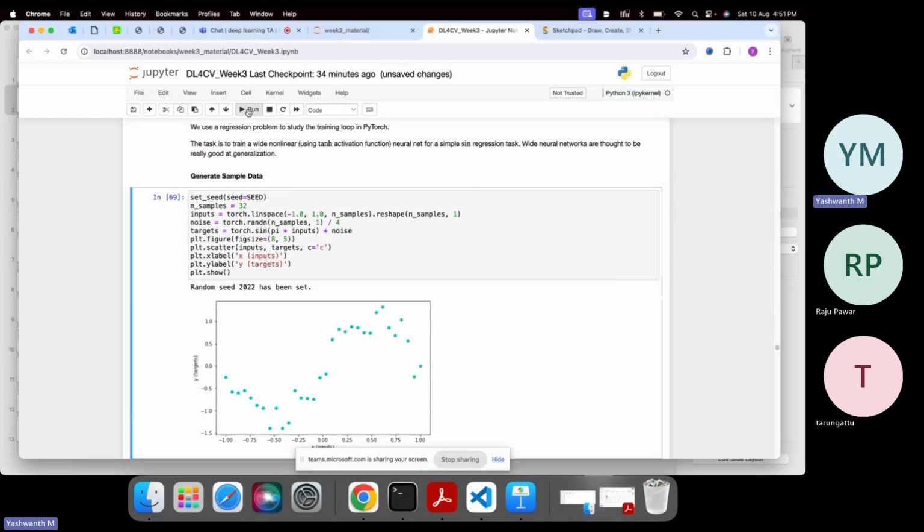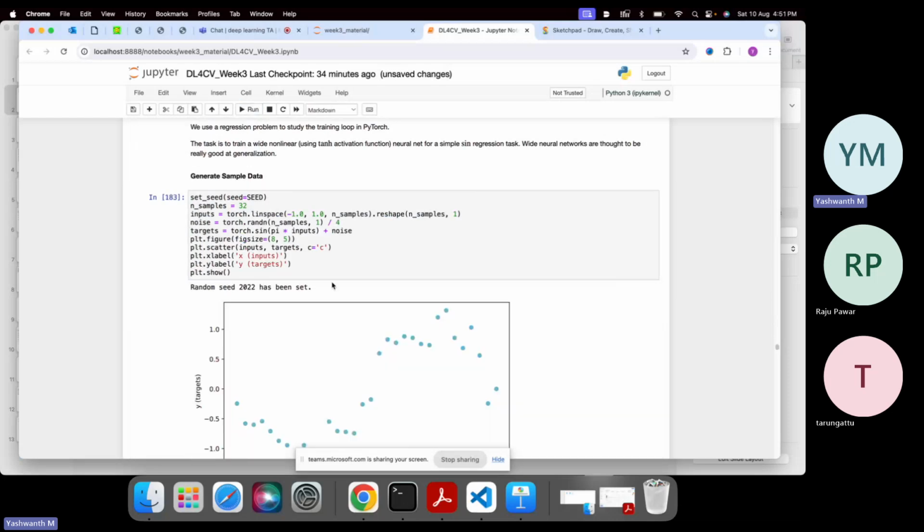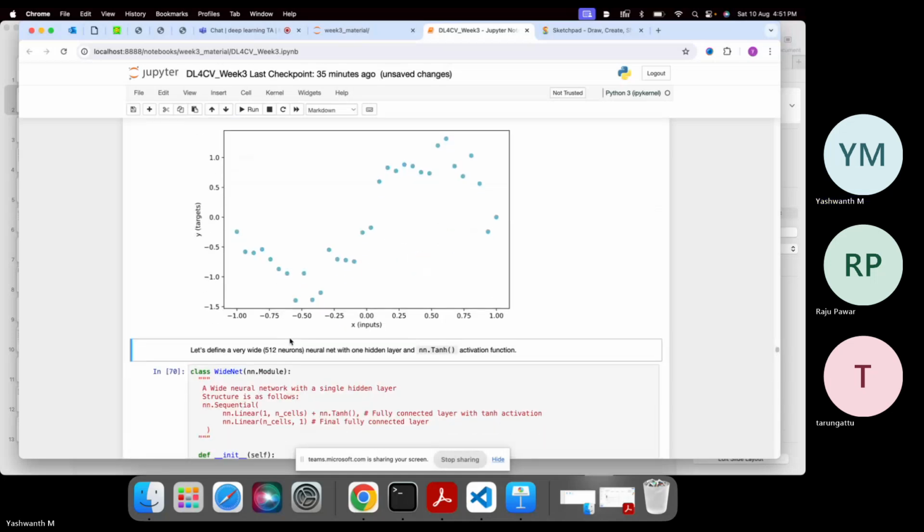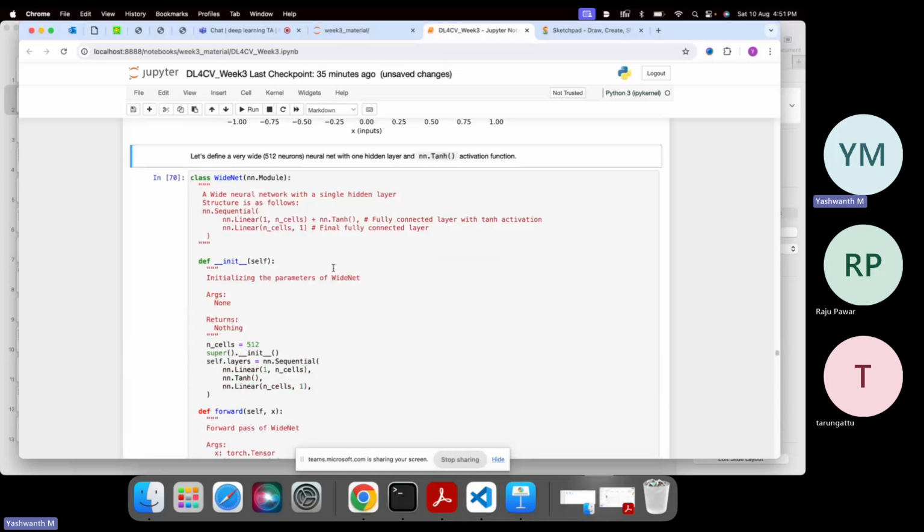How do we train things in Python? Let's say we want to learn this pattern: given an input, we want to find y, something like a sine wave, approximately sine of a. So we call it a wide net, a neural network.